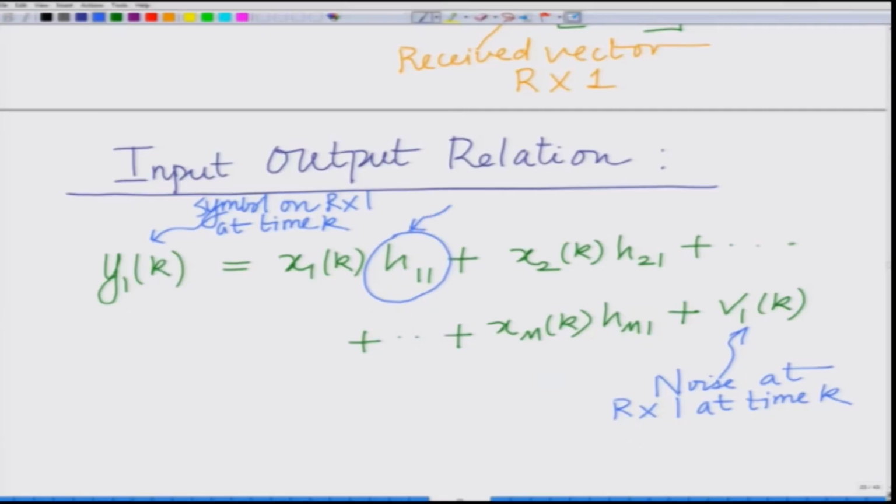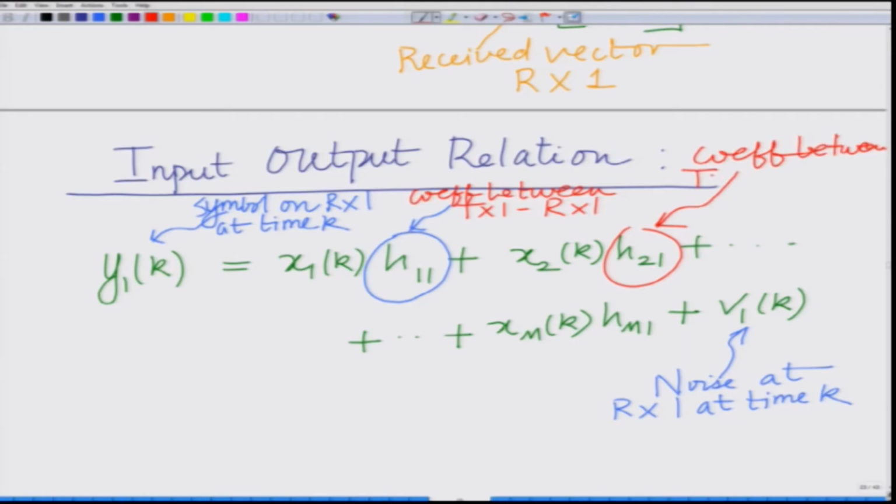So h11 is the coefficient between Tx1 and Rx1, h21 is the coefficient between Tx2 and receive antenna 1.